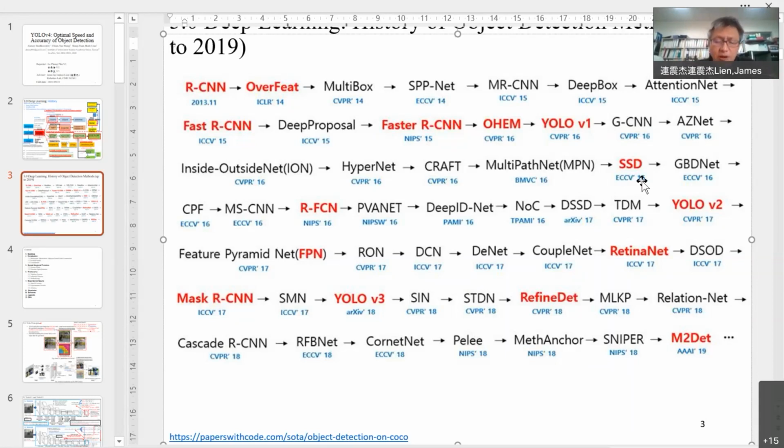In my field, it's very competitive, and there are many people. Computer vision and deep learning is one of the hottest research areas in the world, and many people are involved.